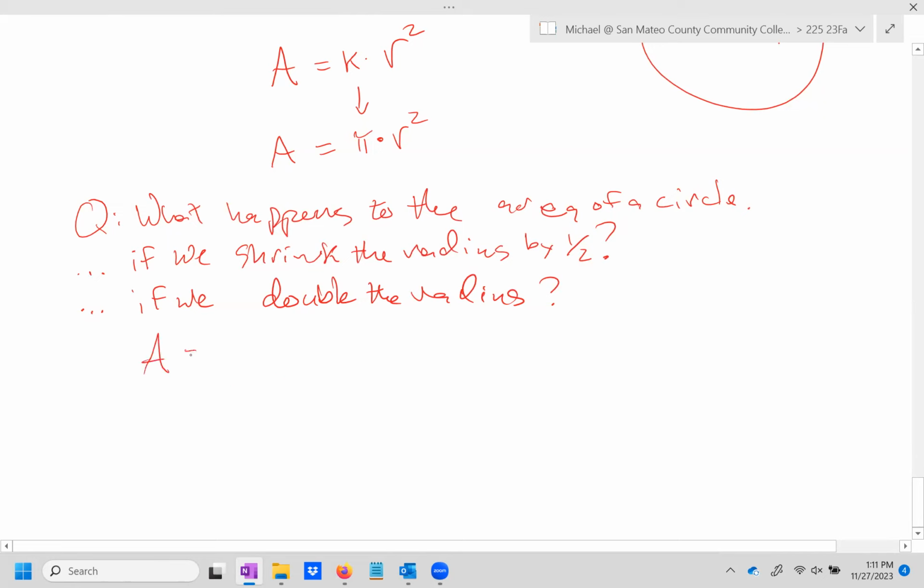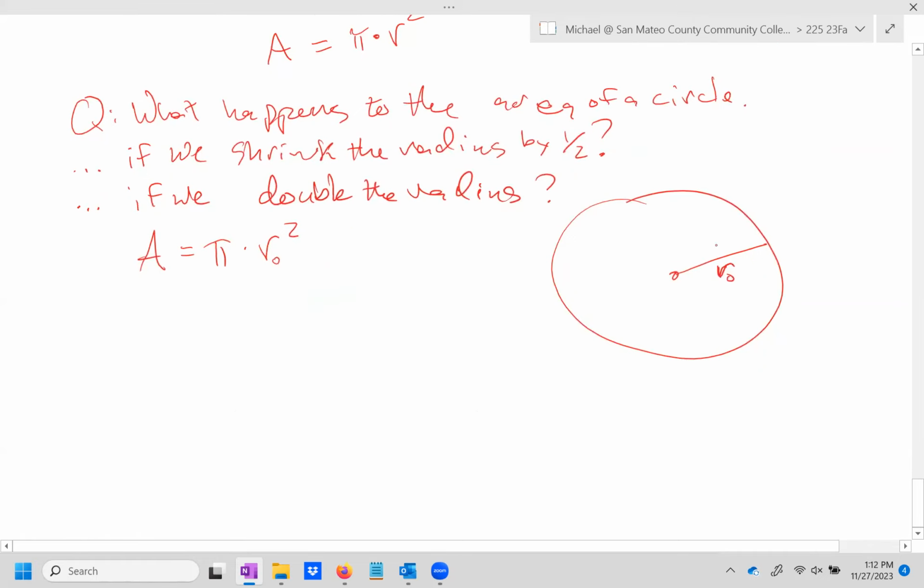So we know that in general A is equal to pi times r squared, okay? Think of this as the original circle. I'm going to call this r0. Does that confuse you if I put a little 0 there? This just means I'm talking about a specific circle. In fact, I'm just going to draw r0 right here. Let that specific one be r0, okay? Now I'm going to cut this thing in half.